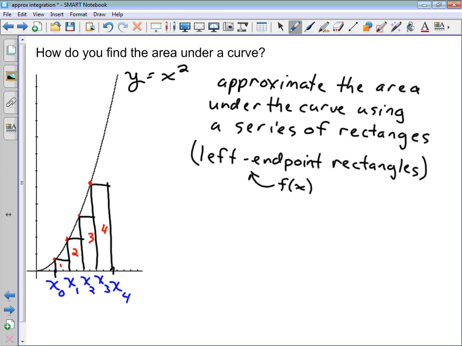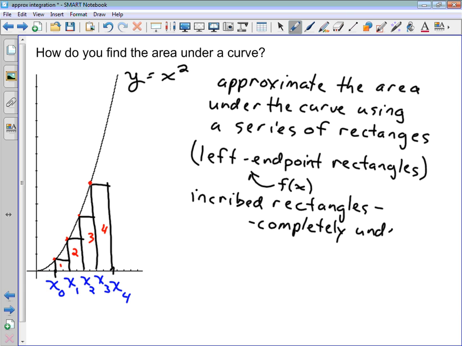Another way of describing these is that these are inscribed rectangles, because they are completely under the curve, y equals f at x.